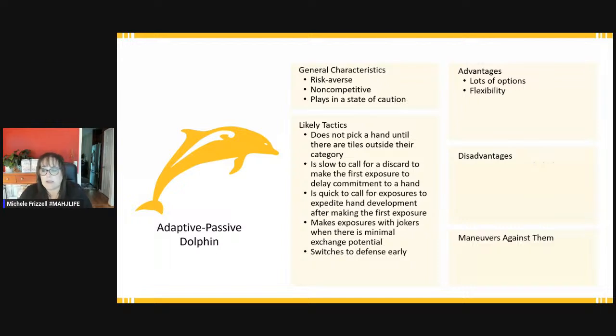The disadvantage is that they may miss out on tiles if they let tiles go because of that passivity, where they don't want to call a tile typically until they're more certain that they can develop a hand well. The maneuvers against them are the same as the Stingray. Play assertively, use hand reading, and try to sabotage their hand in the middle game.